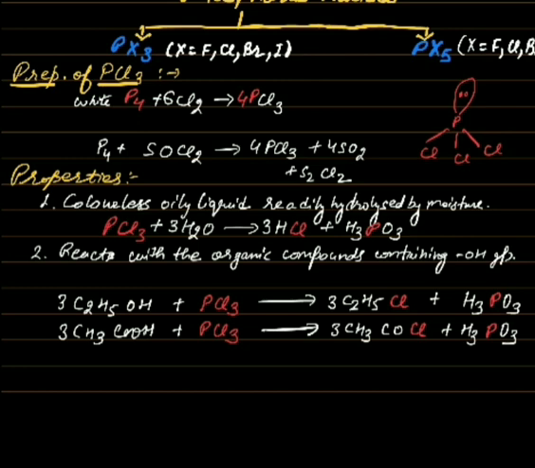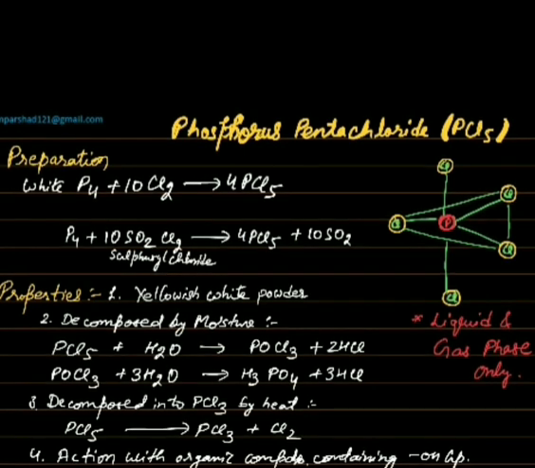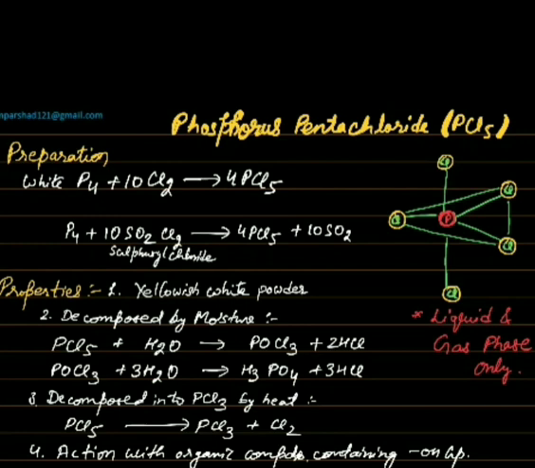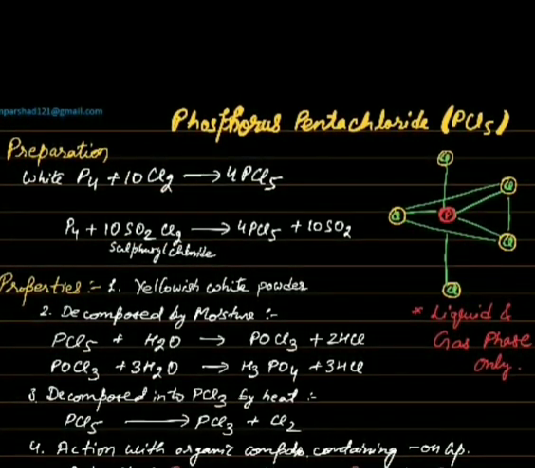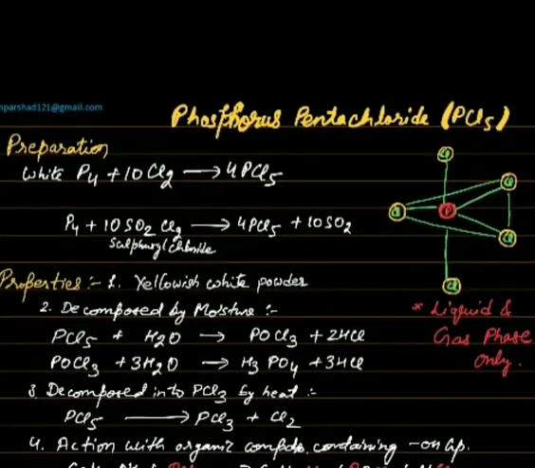So dear students, like phosphorus trichloride, now the next halide of phosphorus is phosphorus pentachloride. Phosphorus pentachloride is prepared when white phosphorus is reacted with excess of chlorine and there is formation of phosphorus pentachloride.